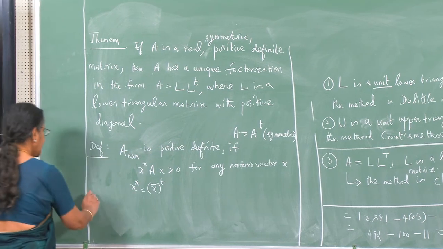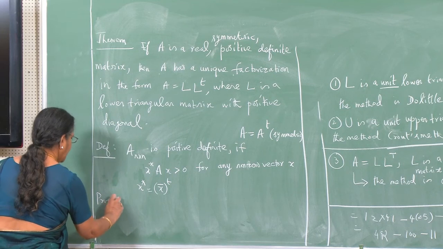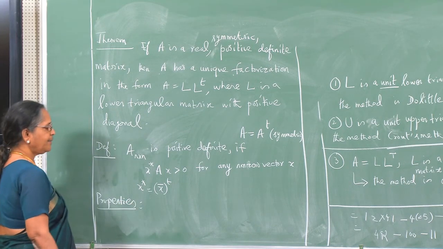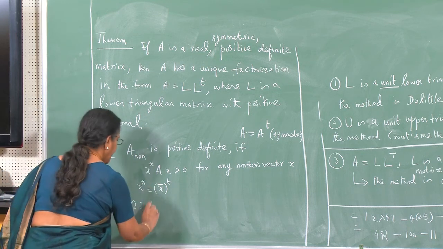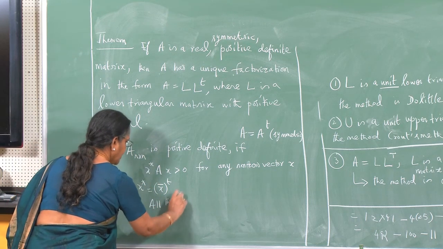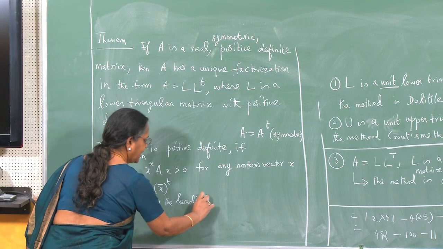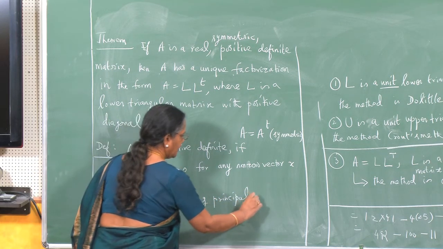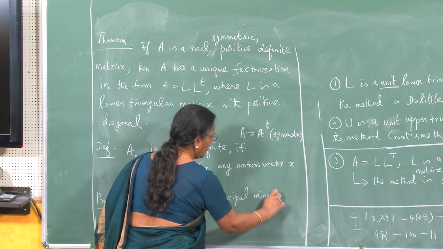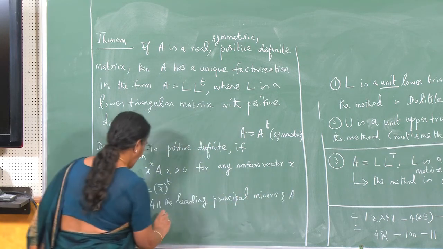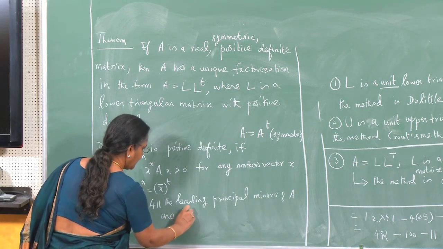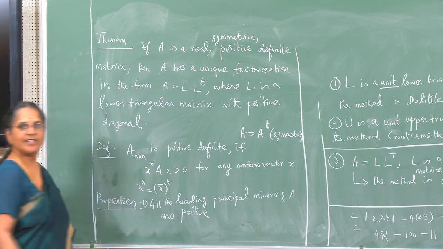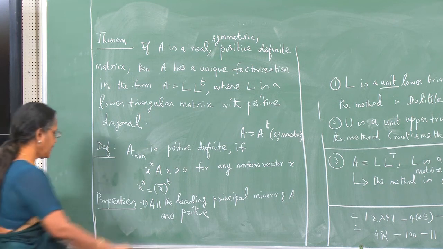And we list down the properties of these positive definite matrices, namely all the leading principal minors of the matrix A are positive. That is one of the properties that a positive definite matrix possesses.